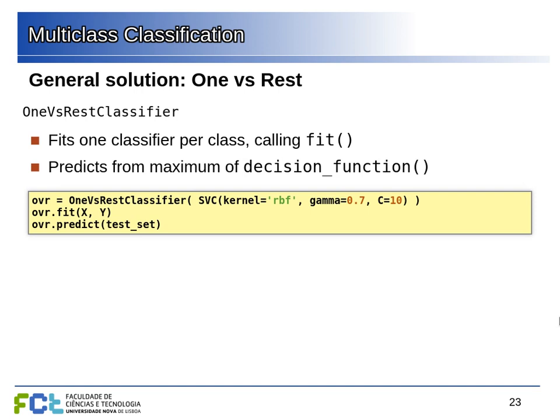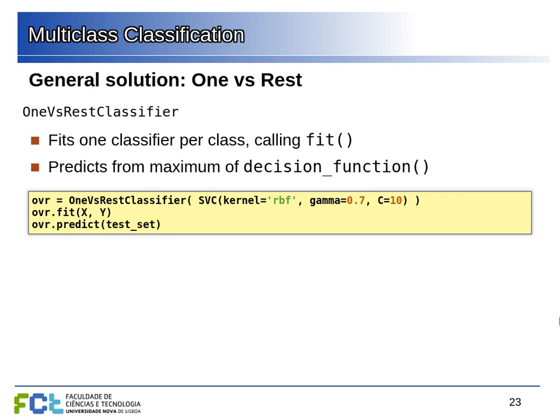So for the general solution of 1 versus rest, this is when you have binary classifiers and just want to aggregate them. You can use the 1 versus rest classifier in scikit-learn. This is an aggregate classifier that receives this initialized classifier. For example, in this case, I'm using the support vector classifier class.